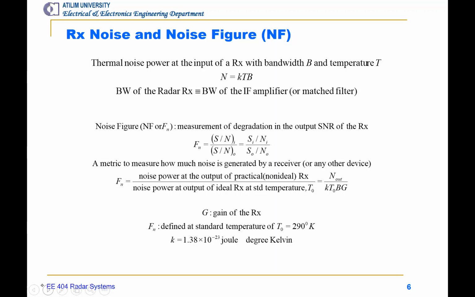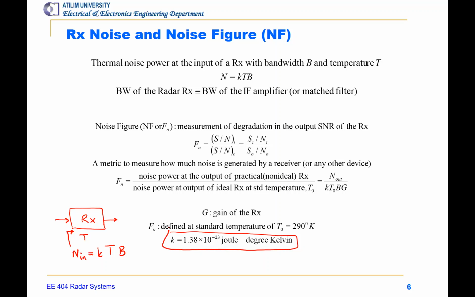Noise power at a receiver: let's say we have a receiver here, and there is an input and output. And the temperature here is T. Then the input noise power here is going to be kTB, where B is the bandwidth, T is the temperature, and k is a constant, given here as 1.38 times 10 to the minus 23 joules per degree Kelvin.